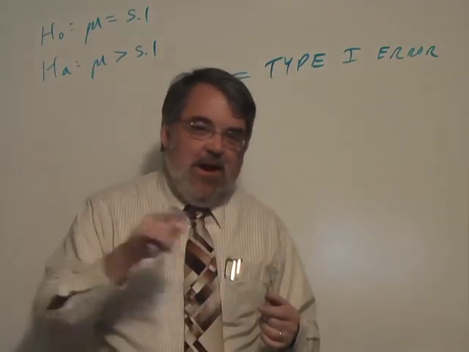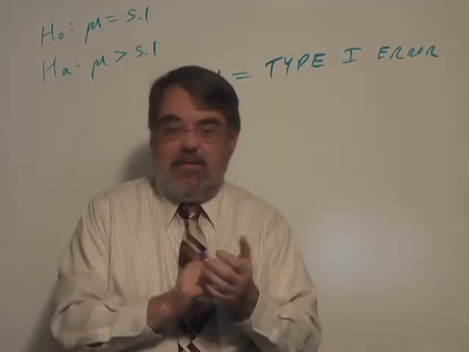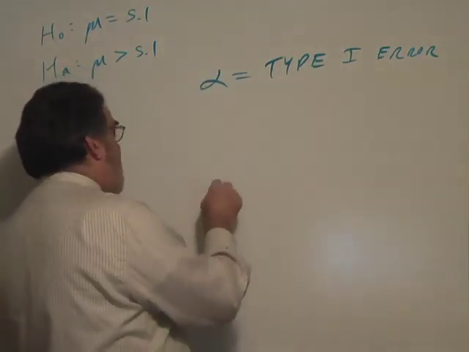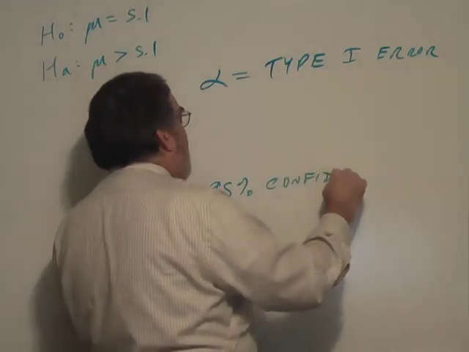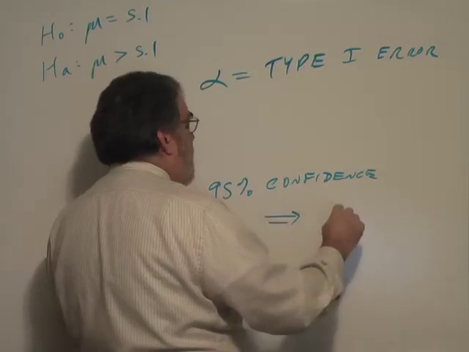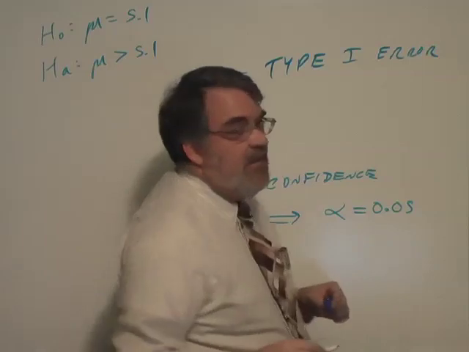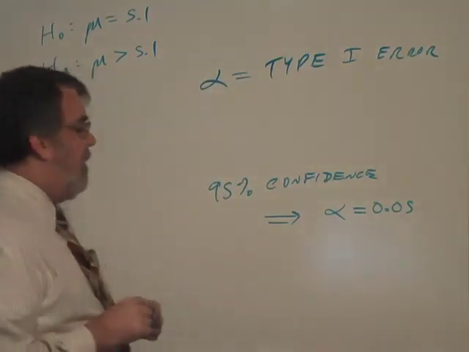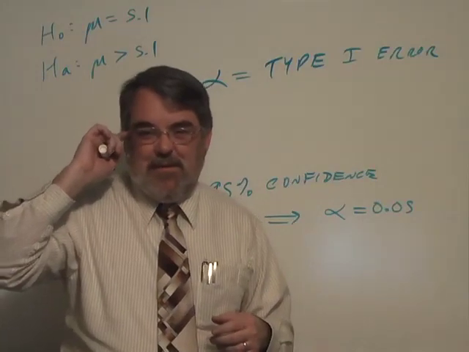Normally we used alpha equals 0.05 because we're using 95% confidence. So for example, again, 95% confidence translated to alpha equal to 0.05, or 5% type 1 error. That was in confidence intervals, estimation.